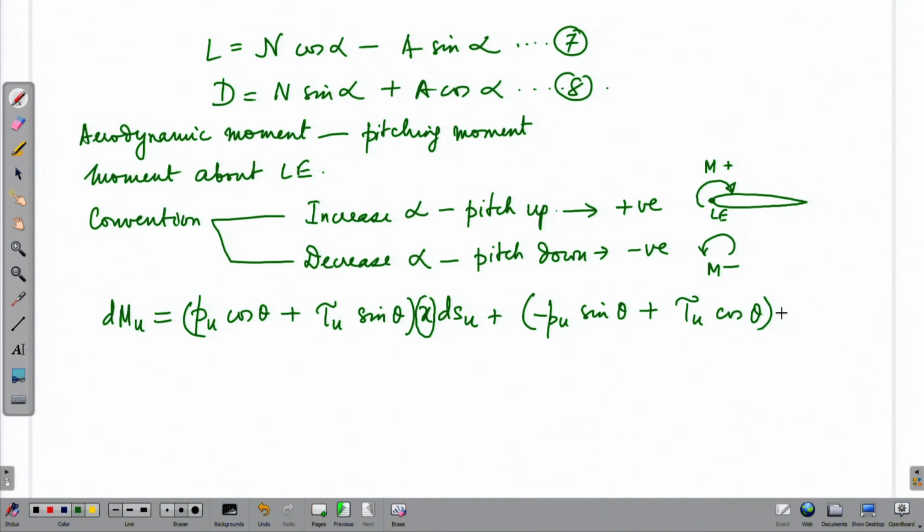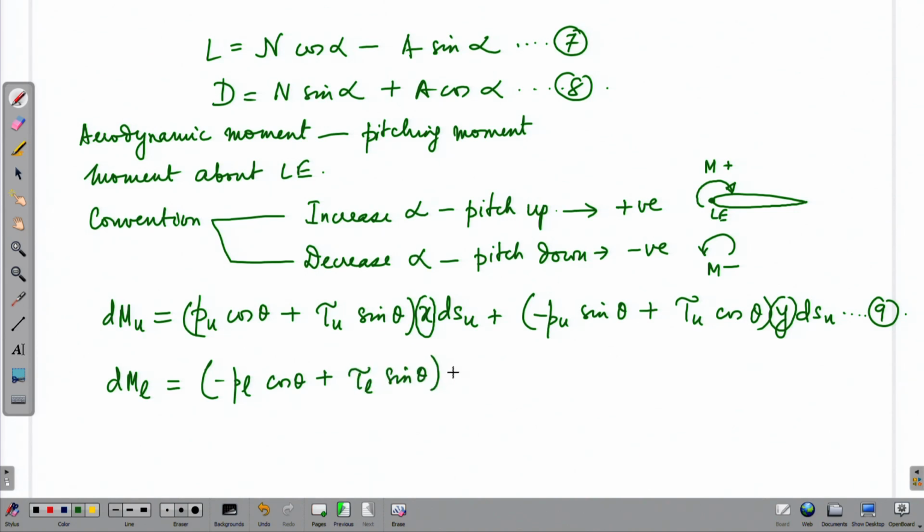And what we are doing is, we are using the moment arms x and y to compute the effects on the upper and lower surface. We will draw a small diagram at the bottom to explain what we mean by those moment arms.